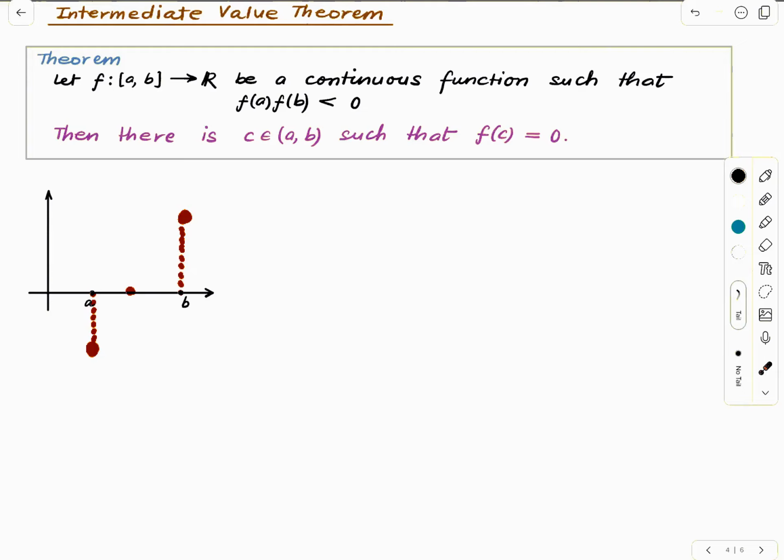So in more colloquial terms, suppose I were to draw the graph of the function, starting at this point and ending here, then since I cannot lift my pen, thanks to continuity of the function, it should be intuitively clear that at some point I will pass through the x-axis, and I will therefore pass through a point with this property that the value of the function there is 0. And there may be multiple such points. We are not saying anything about the uniqueness of such points, but they do definitely exist, is what we are saying.